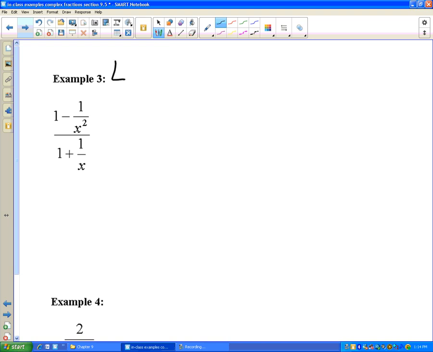So example 3, LCD. For my numerator, I have an x squared. If I had a denominator here, I would need to make sure that I use that for my least common denominator as well. Here I have an x, and I have an x in that x squared, so I've got that taken care of.